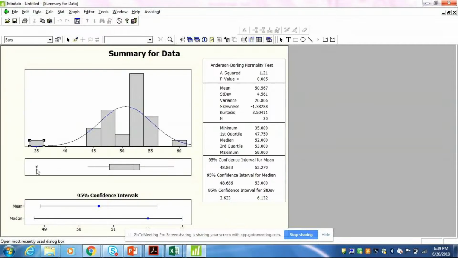And if you can see in the box plot, there is an outlier as well. If you bring your cursor there, it will tell you this particular symbol is for the data at row number 18 and the data point is equal to 35.